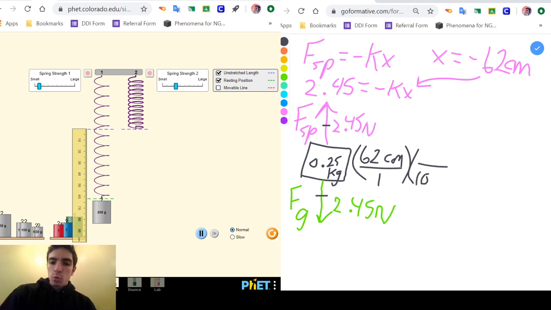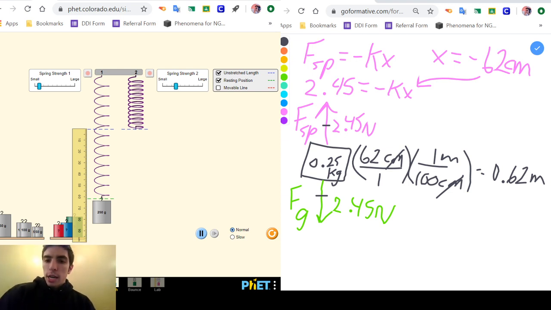If I want those to cancel out, I need to put my 100 centimeters in the denominator and 1 meter up top. Those centimeters will go away. And I need to multiply by everything up top, 62 times 1, divided by everything in the bottom, divided by 1, divided by 100, and we should get 0.62 meters.